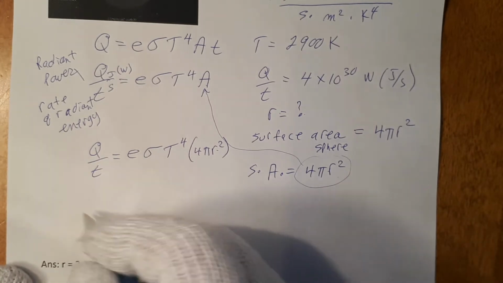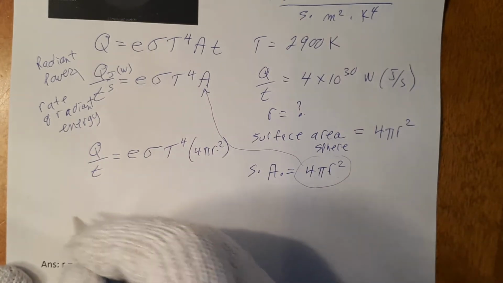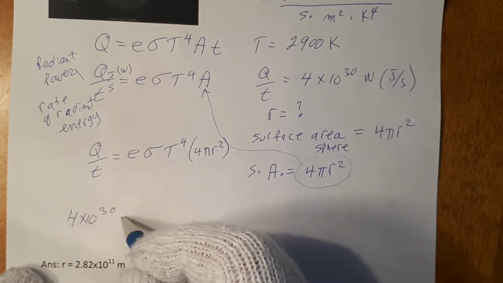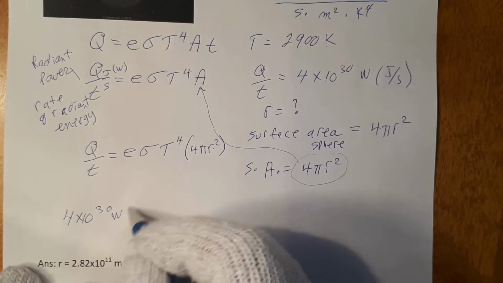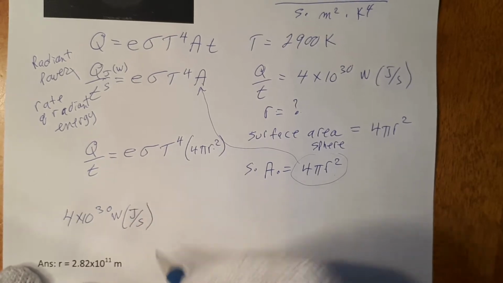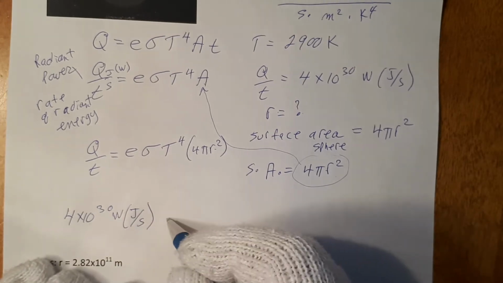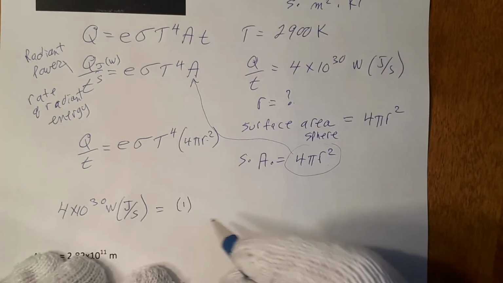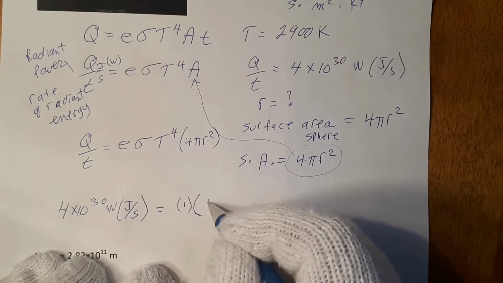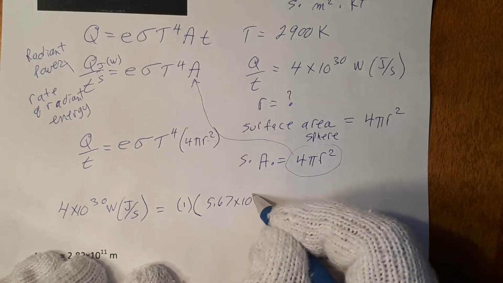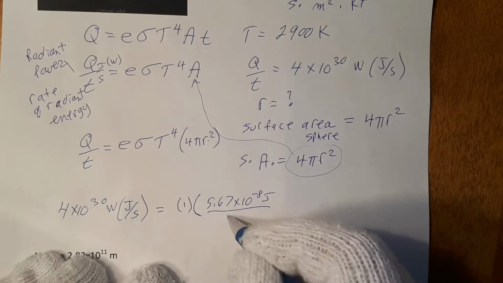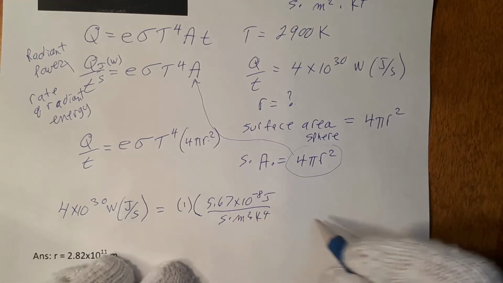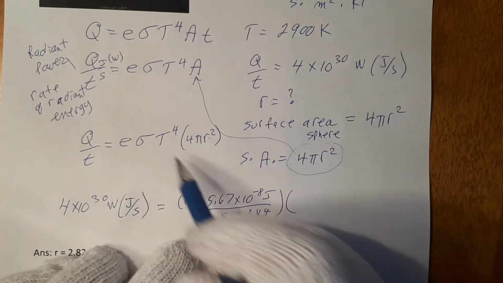Radiant power, it's watts, but I'm going to use the terms joule per second, is equal to E, for a perfect black body is 1, and sigma, Kelvin to the 4, times the temperature to the power of 4.